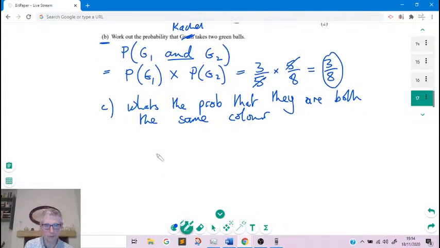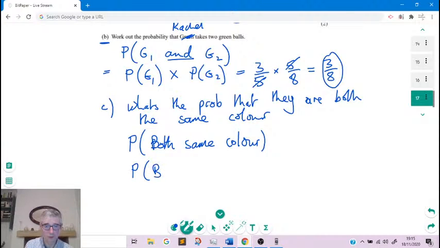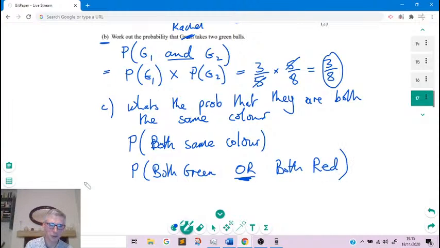In other words, the probability both the same colour would be the probability that they're both green, and then the magic word here really is "or", or both red.